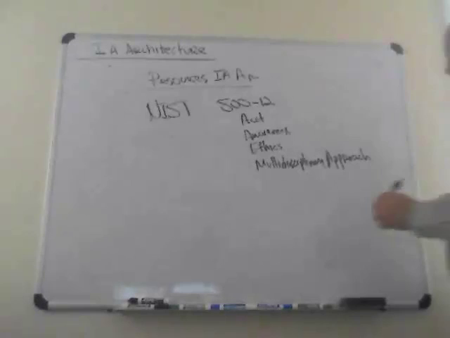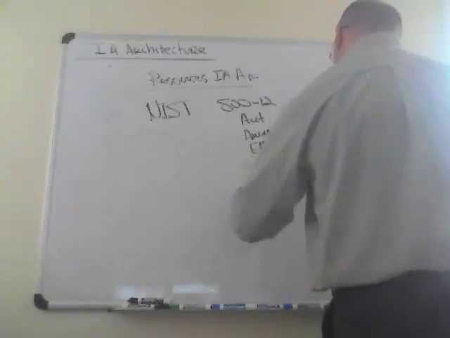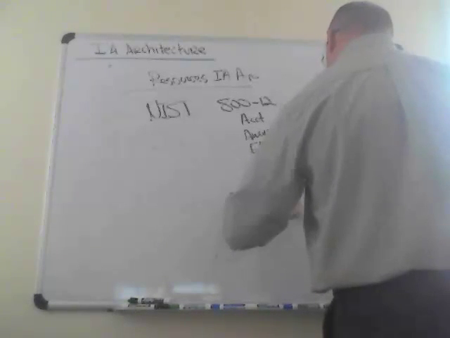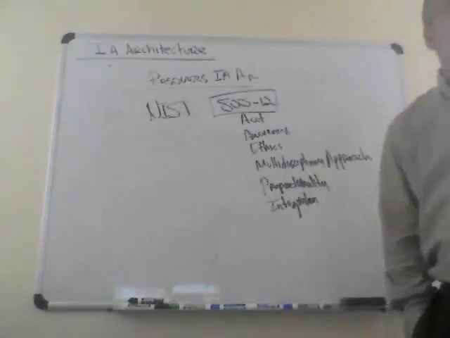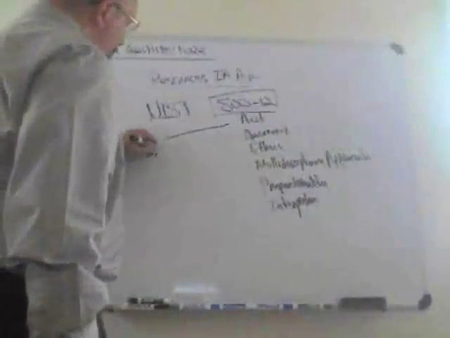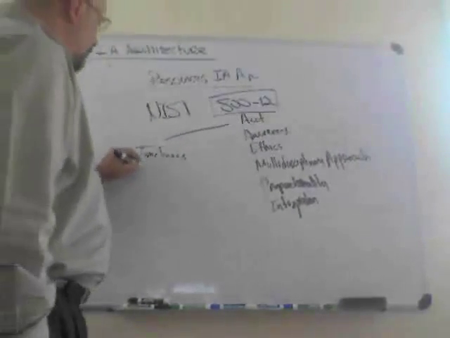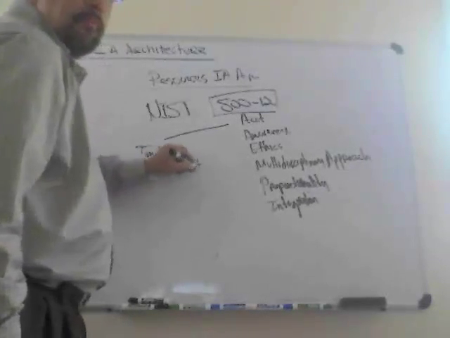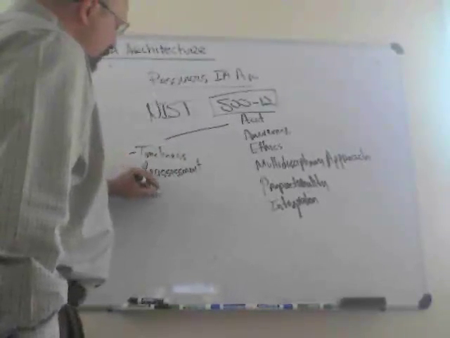Proportionality and then integration as well are also talked about. So I would start right here with 800-12. It talks about things like timeliness, right? Timeliness. It talks about the concept of reassessment, and also the concept of democracy within the organization.